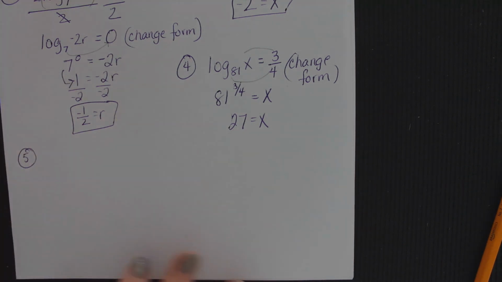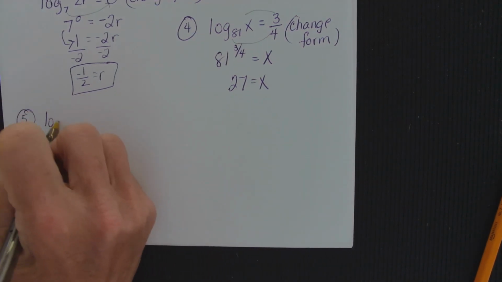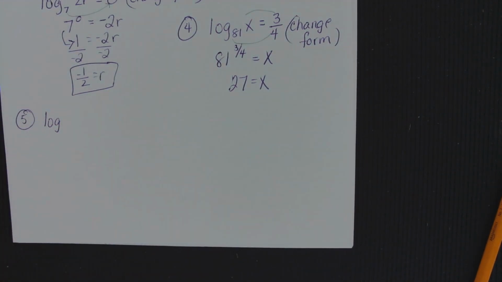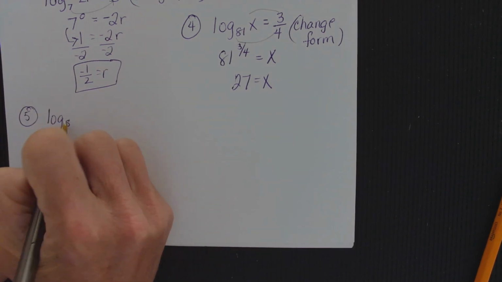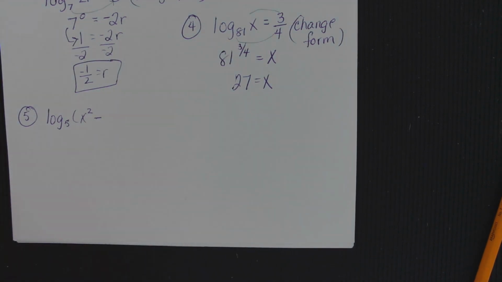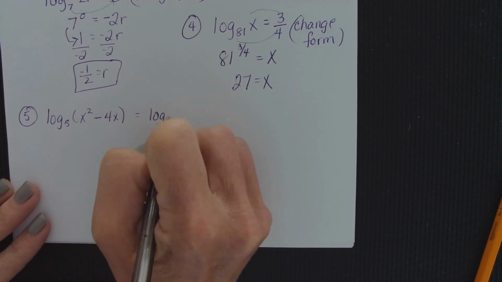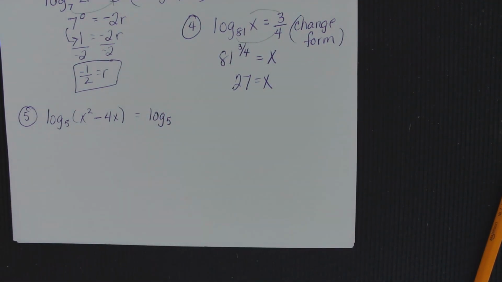All right, number 5. Log base 5 of x squared minus 4x equals log base 5 of... Before I write anything else, immediately I want you to notice what?